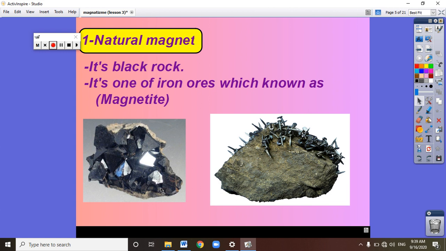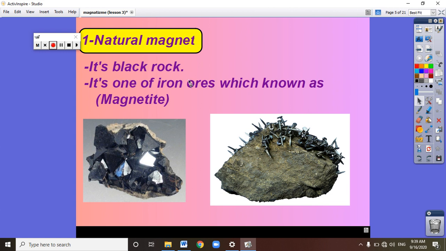You know the iron. Iron is an element, right? You took it in Primary 4. It's a metal, right? So iron has many types. One of these types is called magnetite, which is the natural magnet. But for metals, we don't say types of iron. We say iron ores. Ores means types.